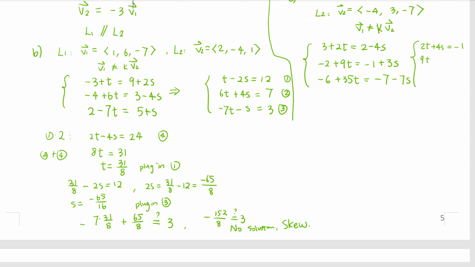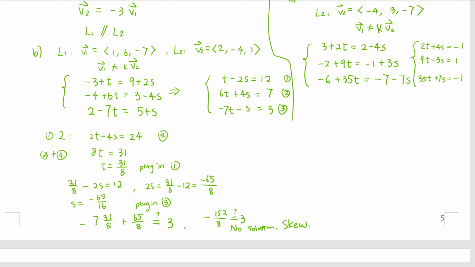Next we have 9t minus 3s equals negative 1 plus 2, which is 1. And then we have 35t plus 7s equals negative 7 plus 6, which is minus 1.